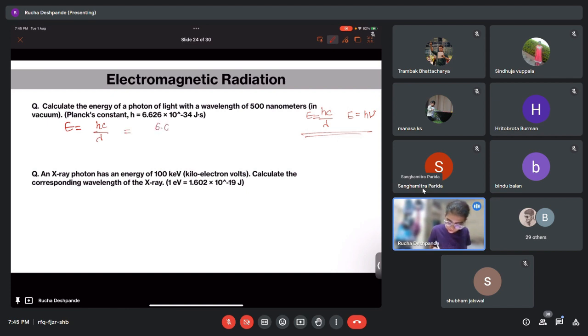You have 6.626 into 10 to the power minus 34. c is the speed of light, 3 into 10 to the power 8. So just take care of the units over here.